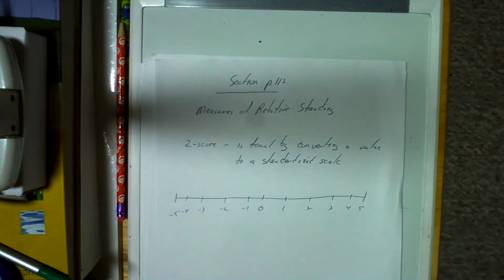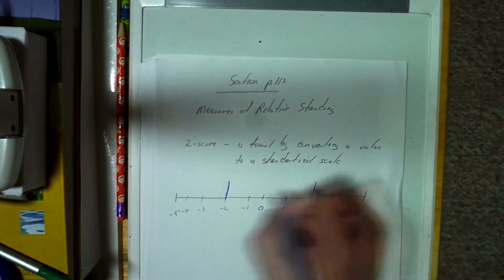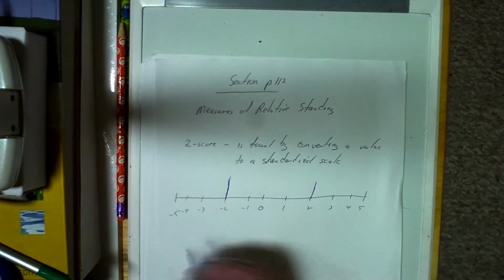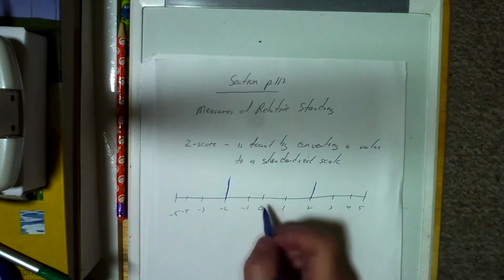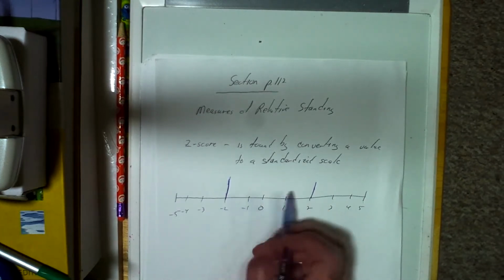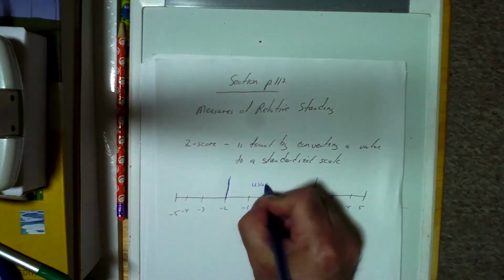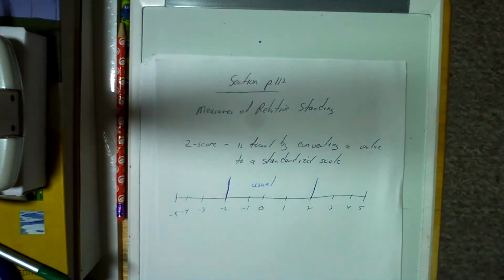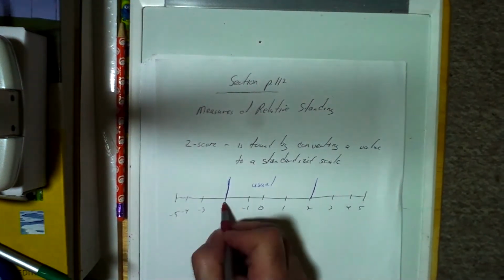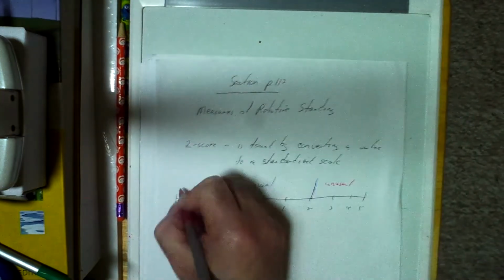The scale is cut off at -2 and at +2. When you compute the z-score formula, you're going to get a number. If that z-score falls within these two boundary values, in the middle, we say that it is usual. If it goes beyond 2 or below -2, we consider it unusual.